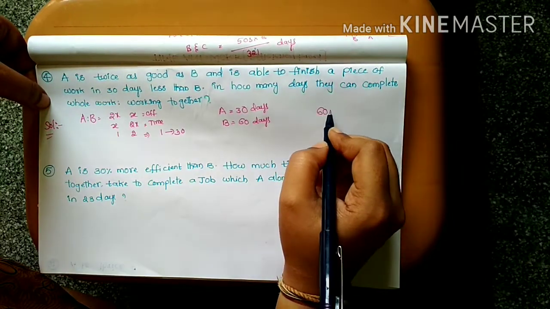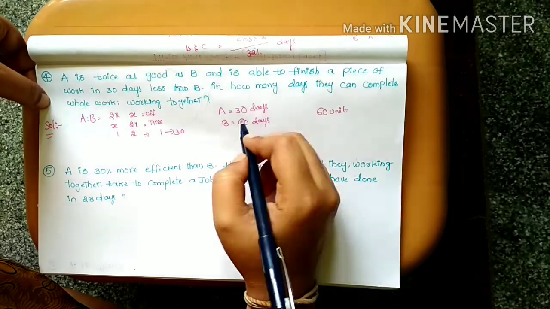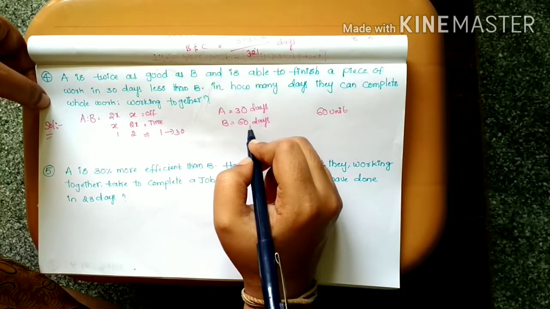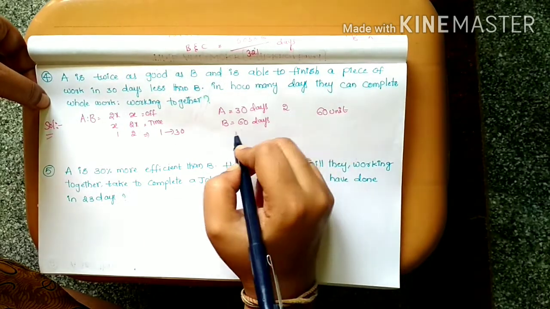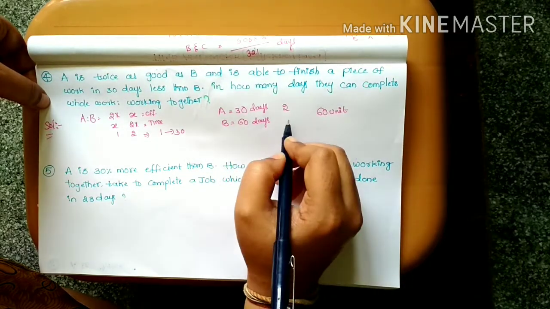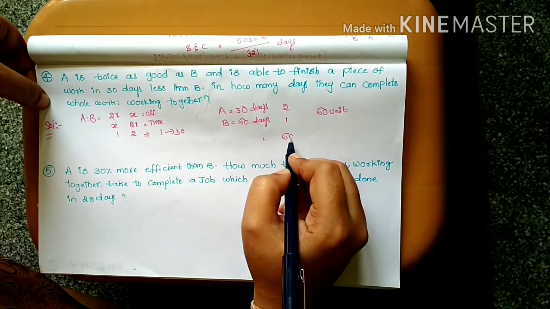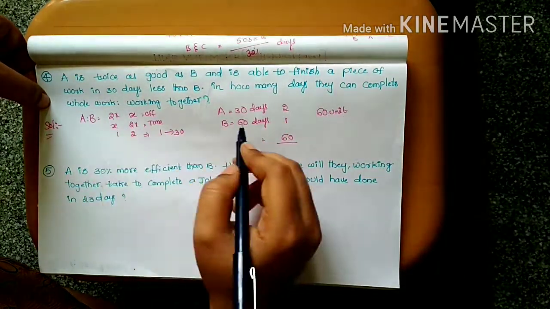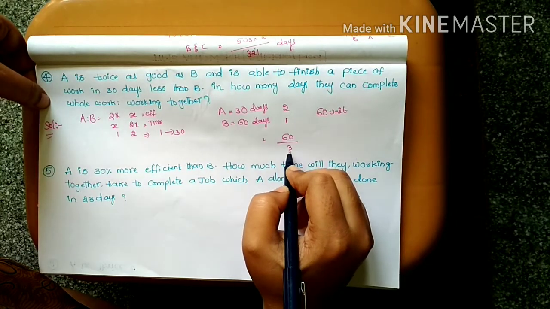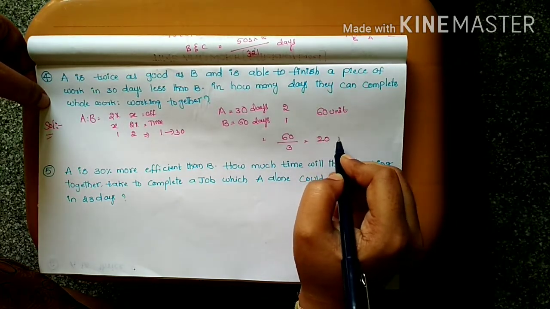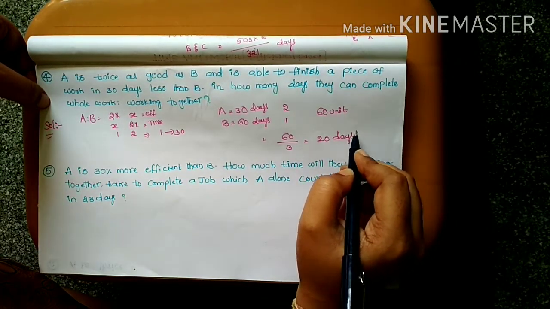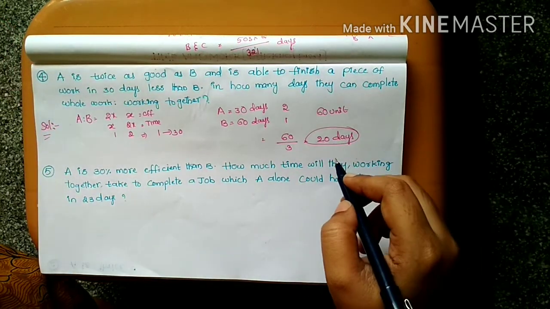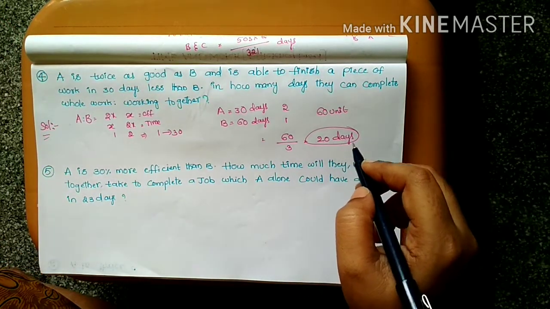LCM 60 units. A is 2, B is 1. Total 60 units. Both working together, 2 plus 1 is 3. So 20 days. Both complete the work in 20 days.